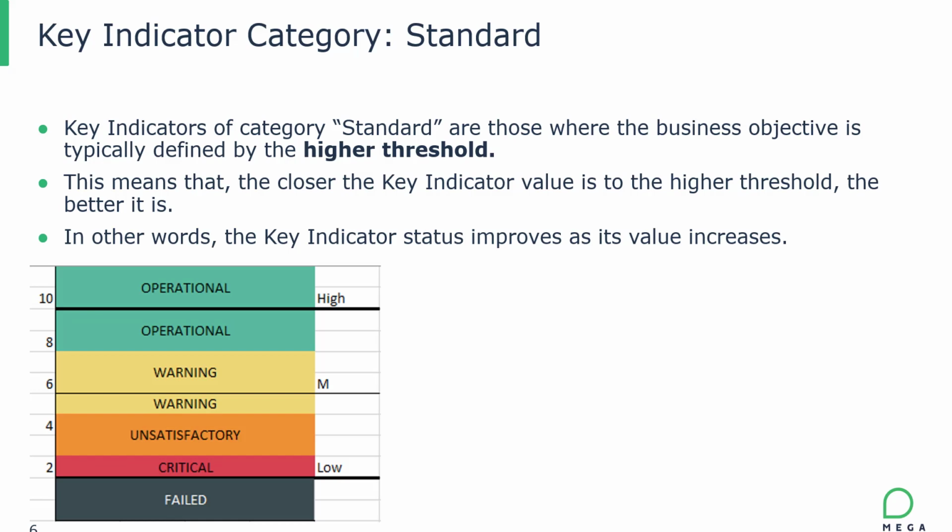the indicator of category standard will be in a failed status whenever its value is below the lower threshold, and starting from the lower threshold going up to the higher threshold, the status moves from critical, unsatisfactory, warning, and operational.